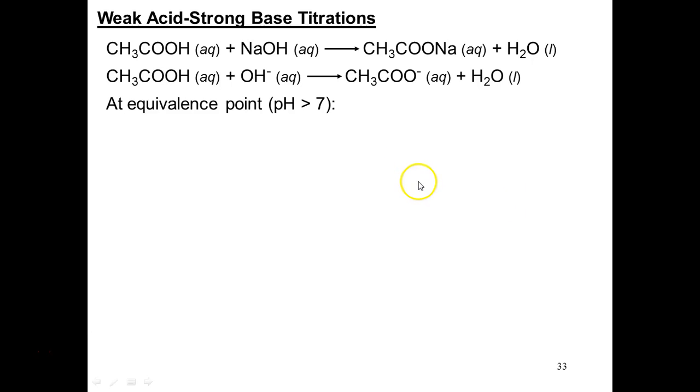When the number of moles of weak acid is equal to the number of moles of strong base, all of the moles of strong base that are involved will go to work and dissociate, whereas only a partial amount of the moles of weak acid will do the same thing.